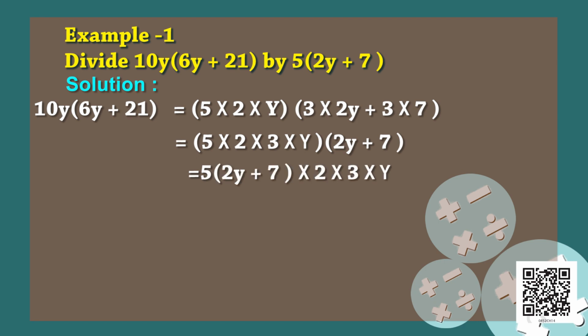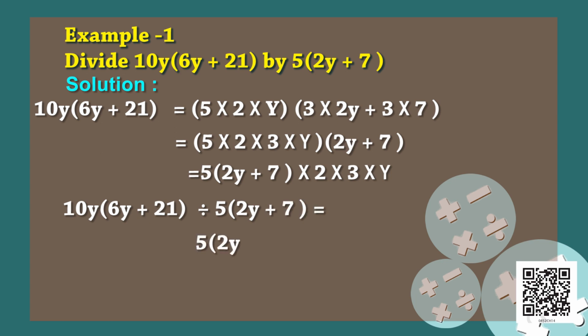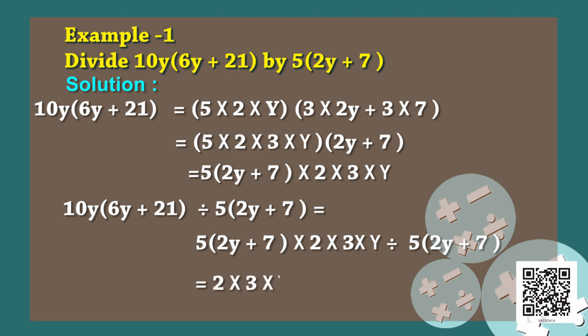Hence, we can write 10y into 6y plus 21 divided by 5 into 2y plus 7 is equal to 5 into 2y plus 7 into 2 into 3 into y divided by 5 into 2y plus 7. Hence, by cancelling the common term 5 into 2y plus 7, we have 2 into 3 into y. Therefore, it is equal to 6y.